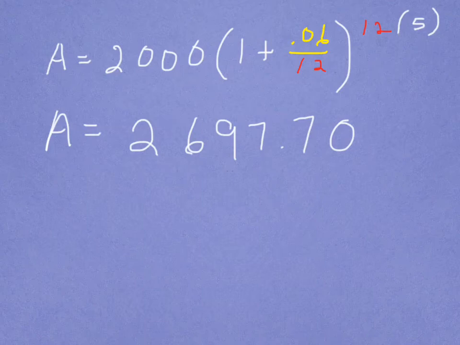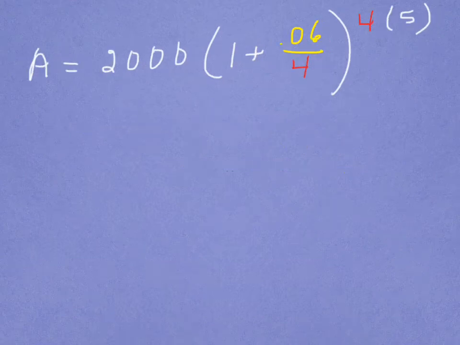Notice only the $697 is interest. The $2,000 comes from our original investment. So we'll earn $697.70.